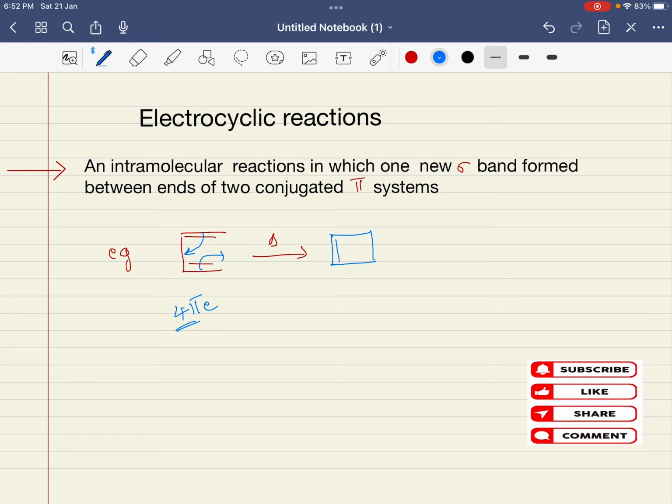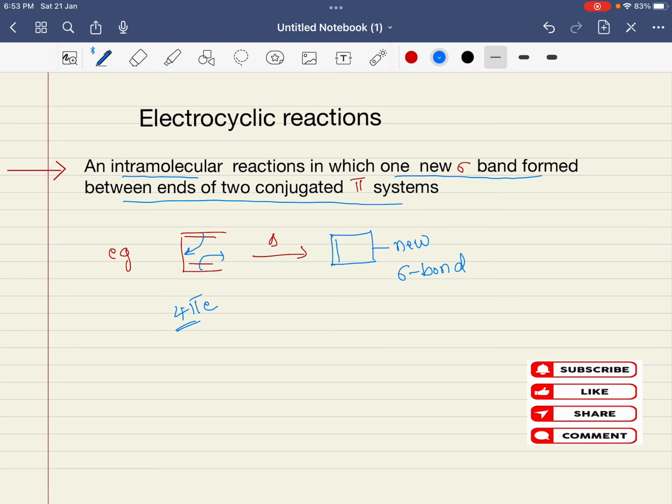Here there is a double bond, and this is a new sigma bond. These things will happen here. So electrocyclic reaction means intramolecular reactions, and the second thing is one new sigma bond will be formed between the ends of a conjugated pi system.